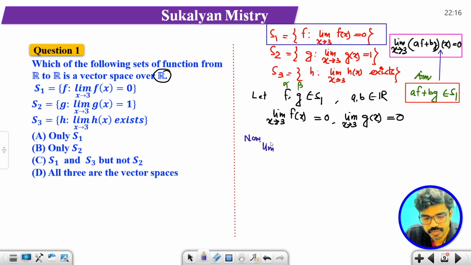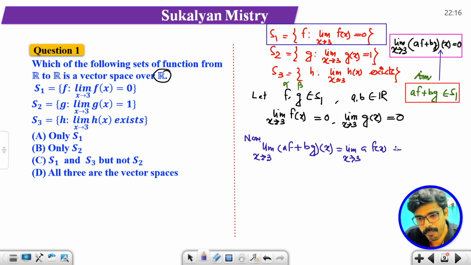Now, limit x tending to 3 of (af plus bg)(x) is the limit of af(x) plus the limit of bg(x), right? So a is a constant, that is a times limit of f(x) plus b times limit of g(x).